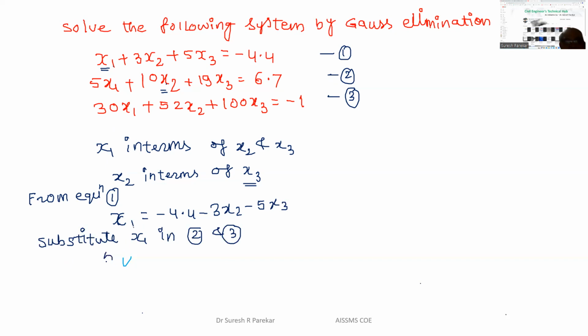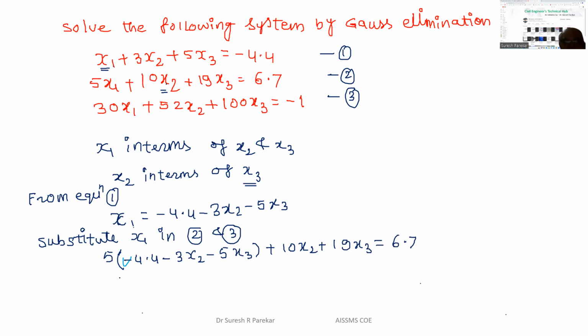So I am substituting it in 2: 5 times x1, that is, minus 4.4 minus 3x2 minus 5x3, plus 10x2 plus 19x3, and that is equal to 6.7.